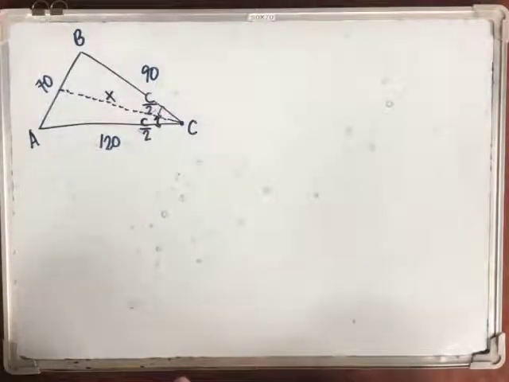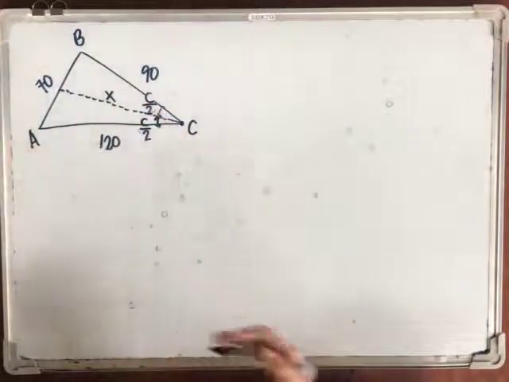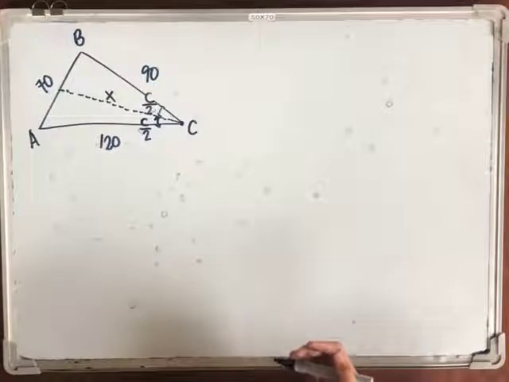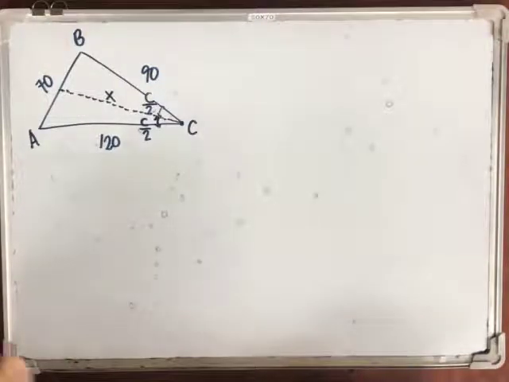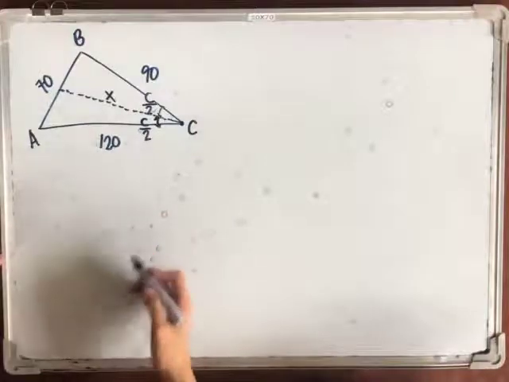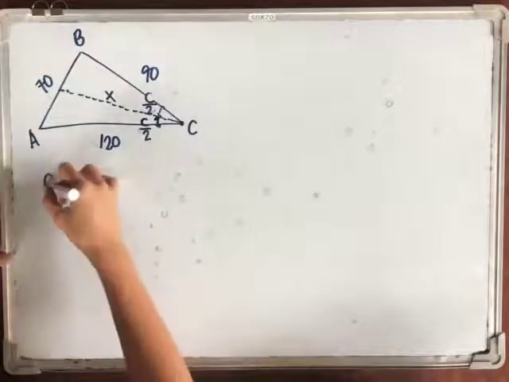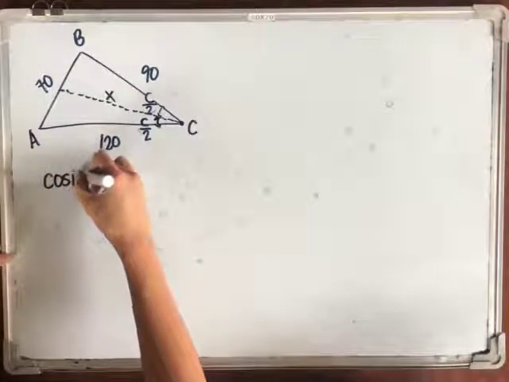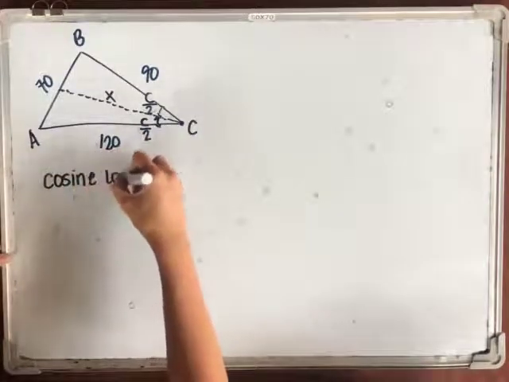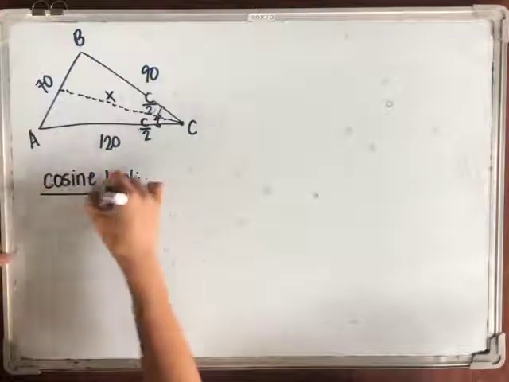Okay, so how are we going to do that? First, since we have all the sides of these triangles, maybe it would be helpful if we are to get all the angles as well. Okay, so how are we going to get all the angles given we have all these three sides? We can use our cosine law. Okay.